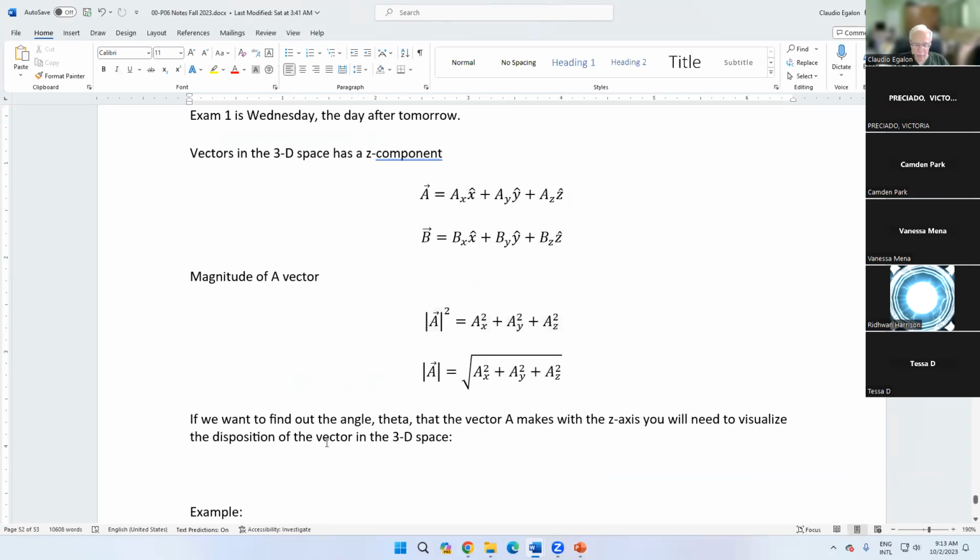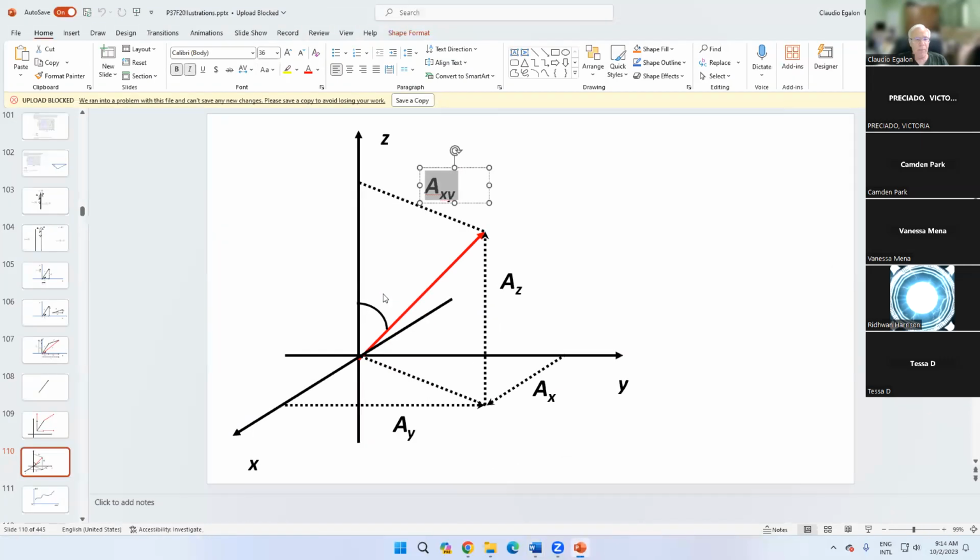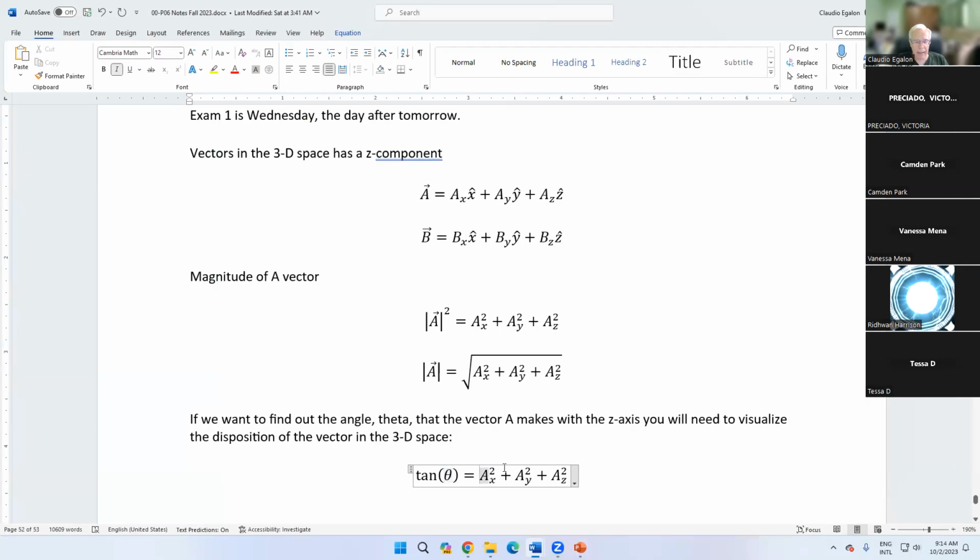Tangent of theta is AXY, the length of this side, divided by A sub z.